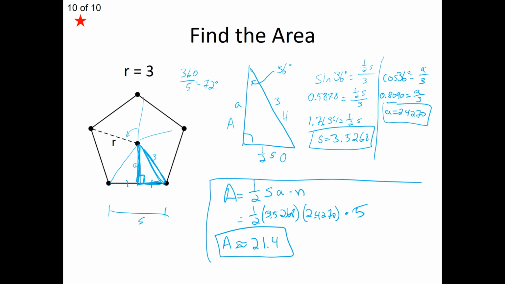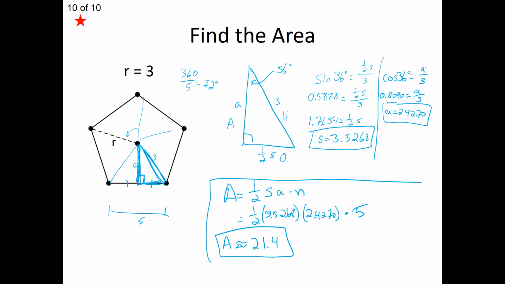Remember the process. Follow what I did. First, I figured out the number of sides, so I counted the number of sides. Then I thought about the relationship between the apothem, the circumradius, and half the side, which forms that triangle, and I'm looking for information about that triangle. Sometimes you're given the circumradius, the side measure, or the apothem, which means you already have a side measure of that given triangle. Then you have to find an acute angle measure.